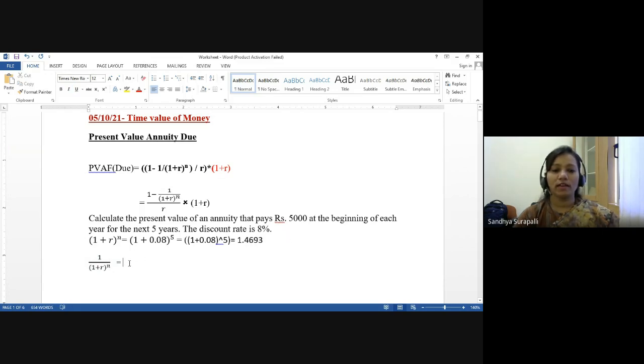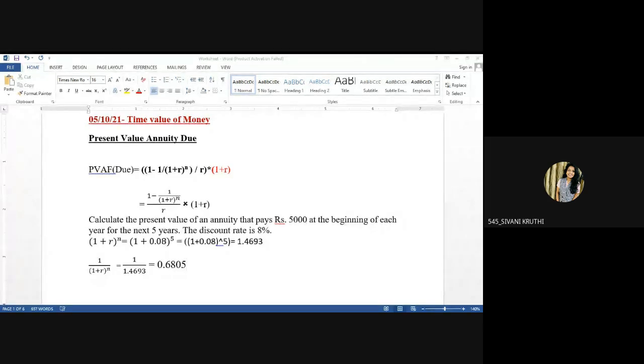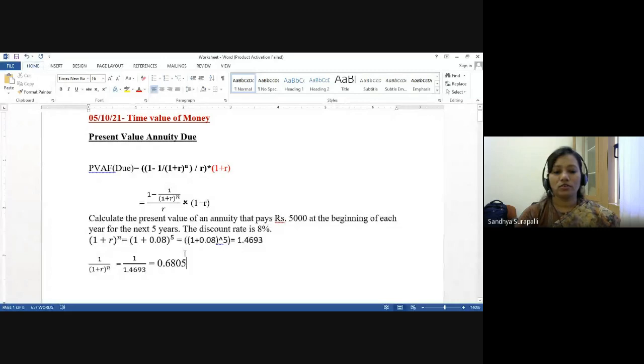So 1 divided by this gives 0.6805. Whether 05 or 06, you have to round it off to the nearest.